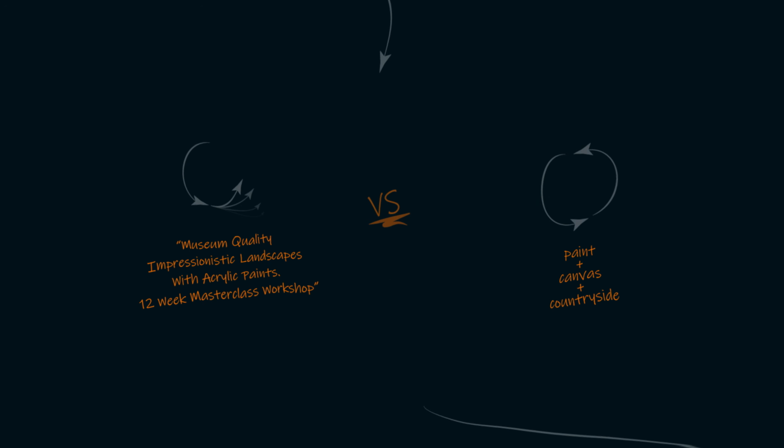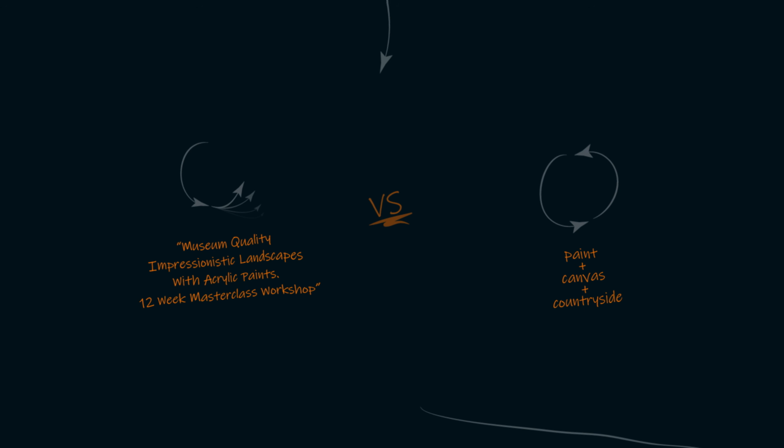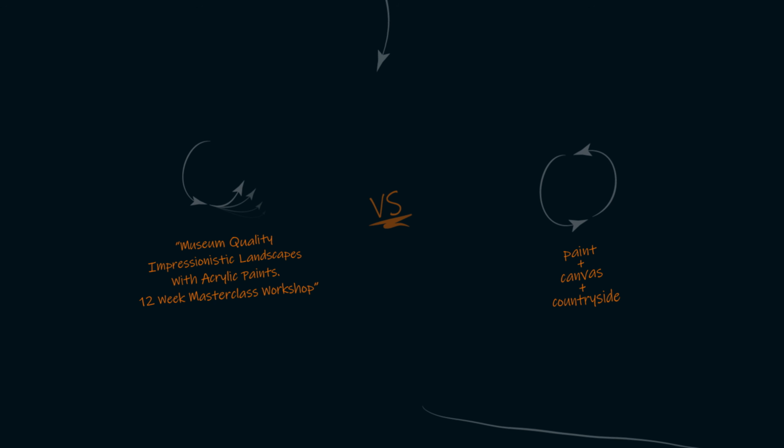If we want to become a museum curator who's an expert in painting impressionistic landscapes with acrylic paint, then a fancy 12-week museum quality workshop might be the best way to go. But if we want to become an artist, one who takes the ideas in our head and puts them onto the canvas, then maybe the countryside is where we should be.